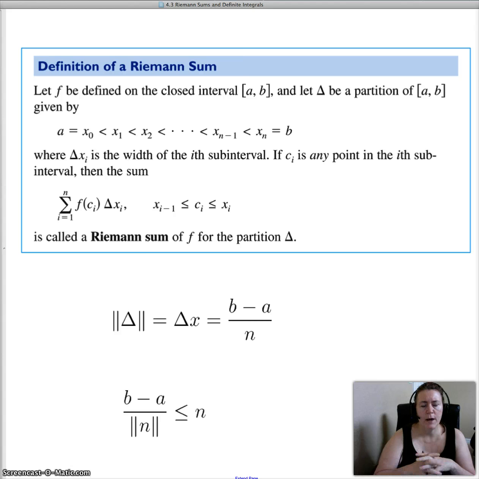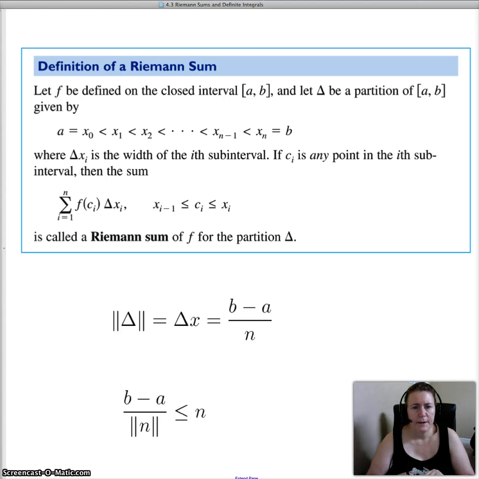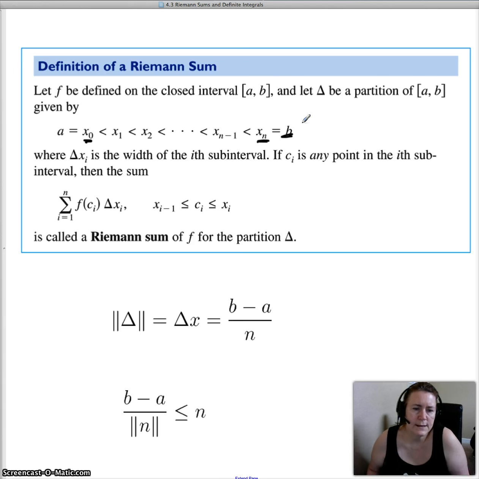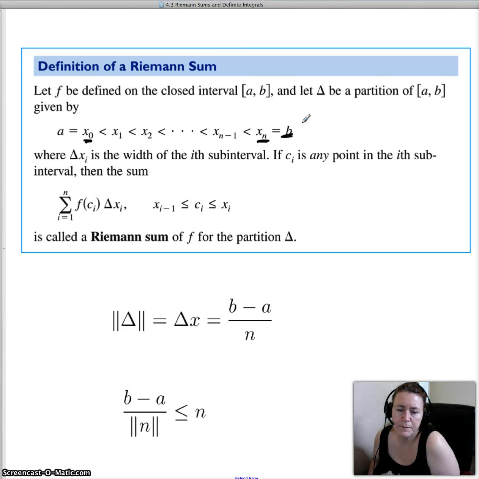This is the definition of a Riemann sum. Let f be defined on the closed interval [a, b], and let delta be the partition of [a, b] given by a equals x naught, less than x1, less than x2, and so on, and let xn be defined as b, where delta x sub i is the width of the i-th subinterval.